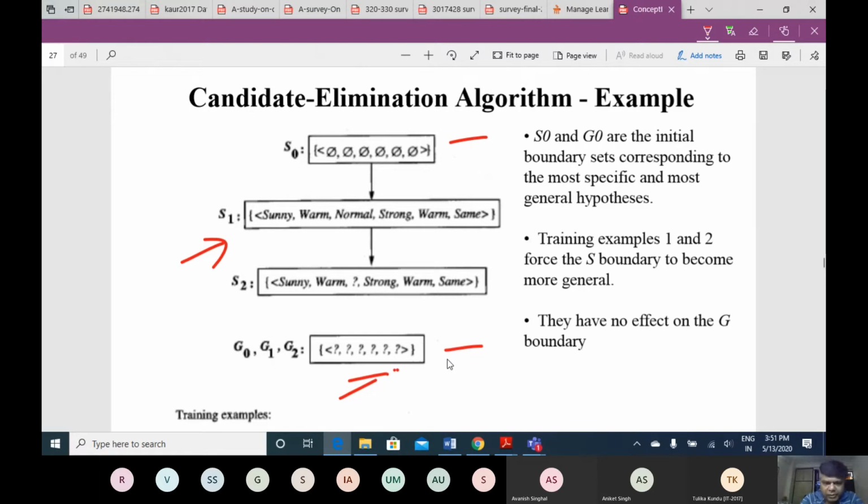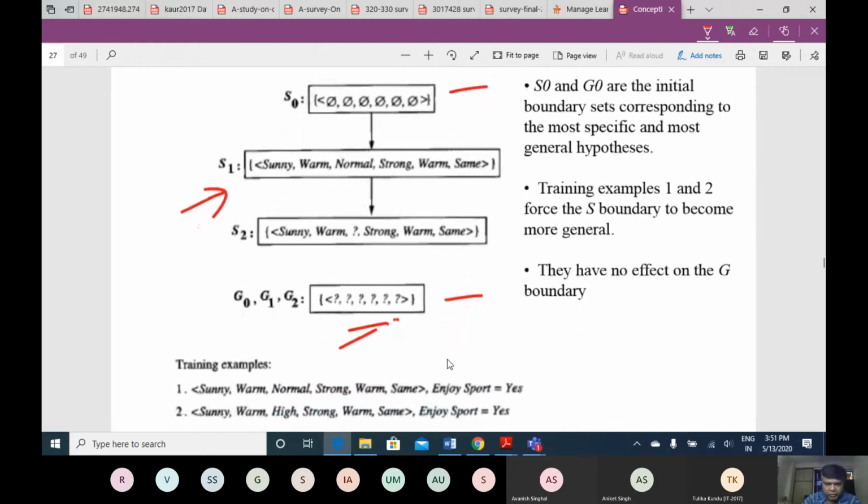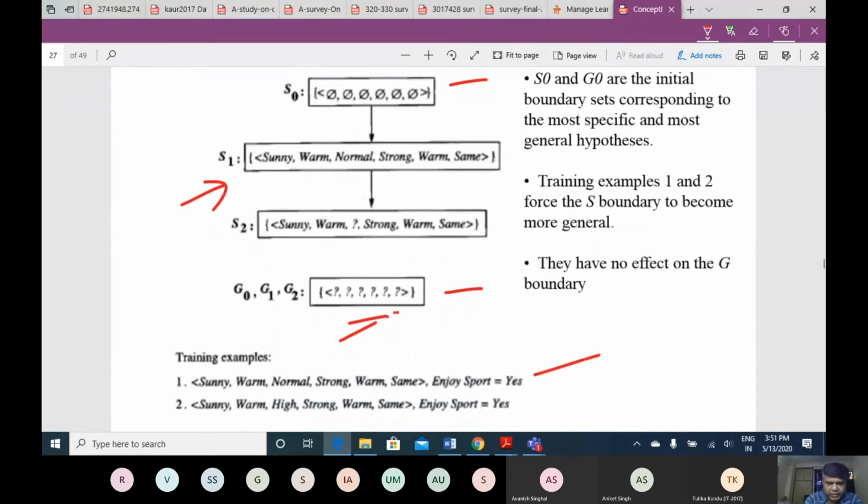Now this positive case, can it change this one? Actually we are not looking at the example, the example is this. Based on this example, this is a positive example, enjoy sport is equal to yes, and these are the specifications of the features.